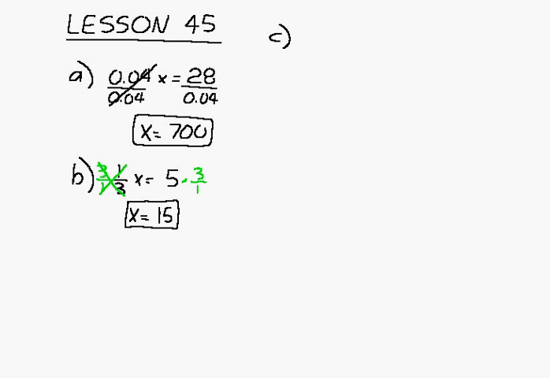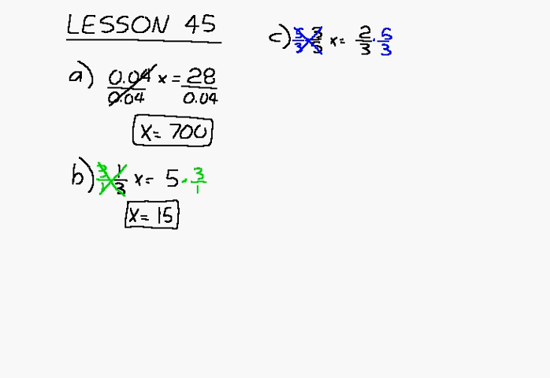Write it down. 3/5 x is equal to 2/3. Again, multiplying would be the better choice on this one. So let's go ahead and multiply both sides by the reciprocal, 5 over 3. Okay, so that cancels on the left. 2/3 times 5 over 3.